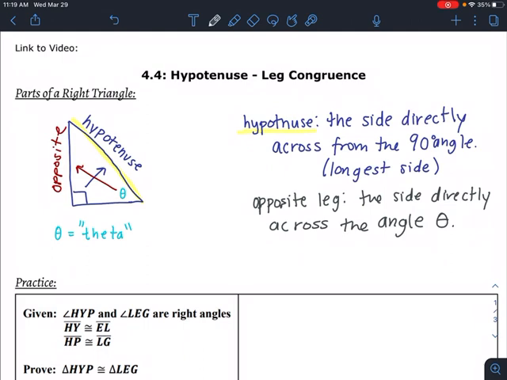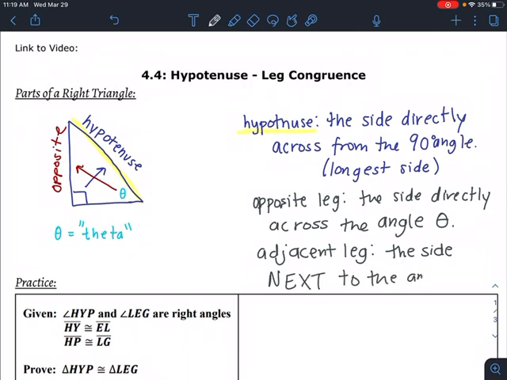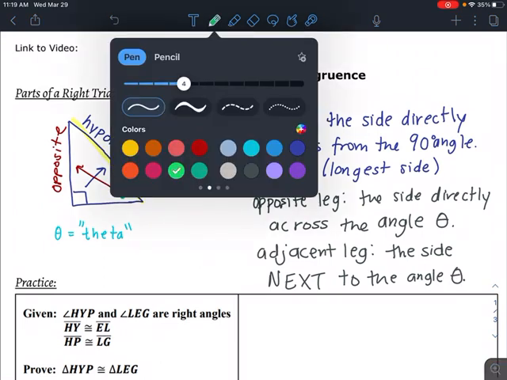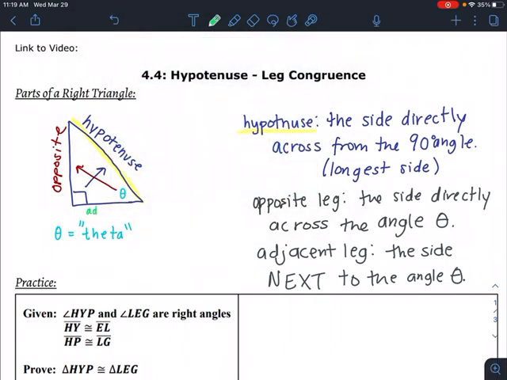Theta also indicates where the adjacent leg is going to be, which is the side next to the angle theta. So adjacent is going to be right here, so it's the adjacent leg or side of the right triangle, and it's right next to where theta is. So the adjacent leg, and then we have the opposite leg.